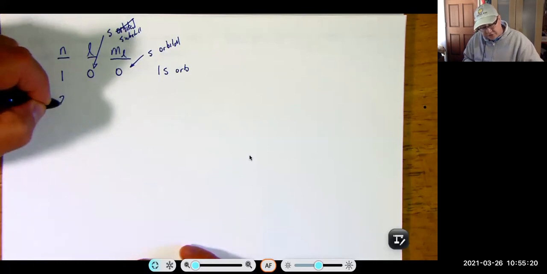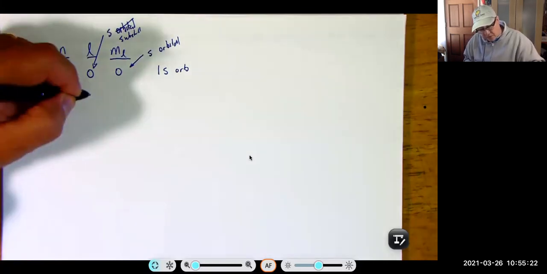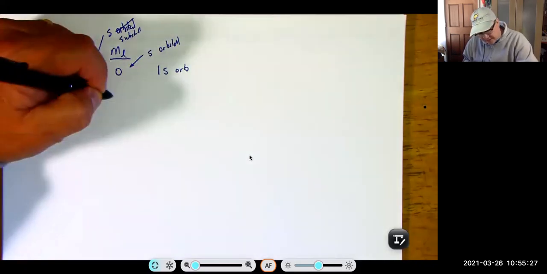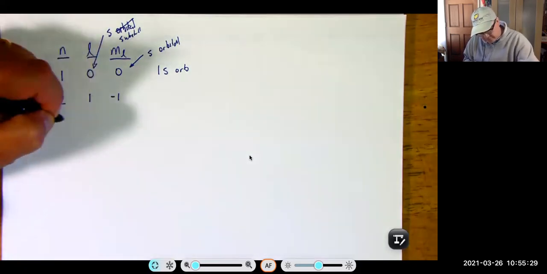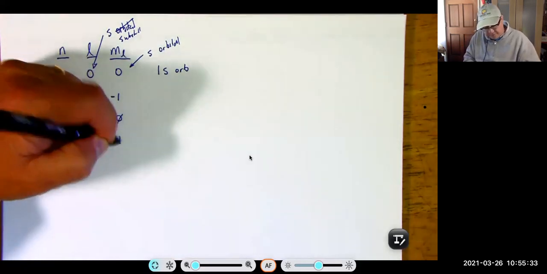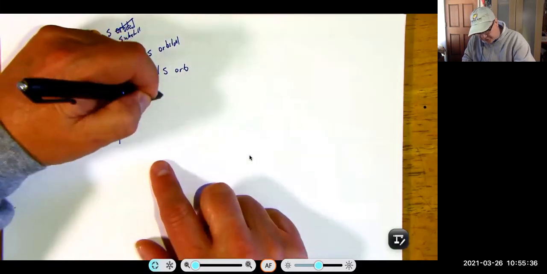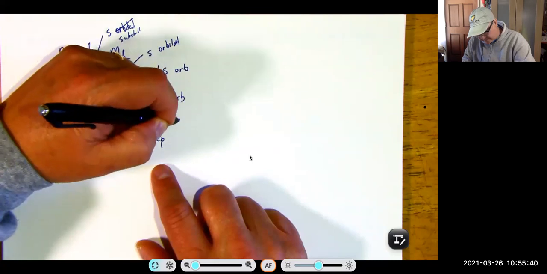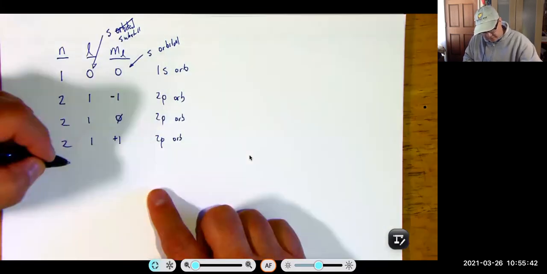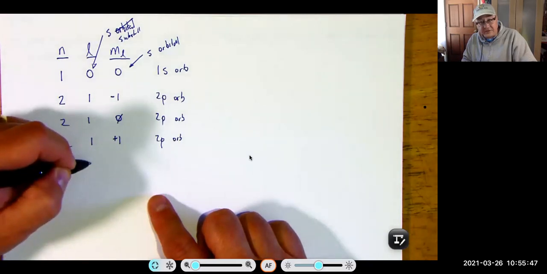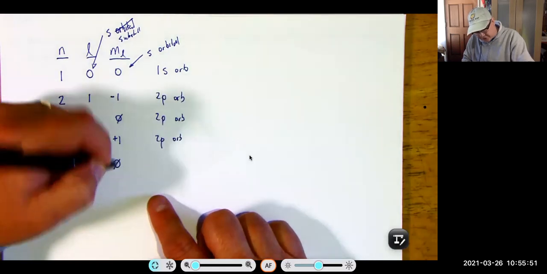n could be equal to 2, l could be equal to 1, and m sub l could be -1, 0, or +1. Now, this is a 2p, this is a 2p, and this is a 2p. Now, if you have n equals 2, can l be equal to 0? Absolutely. m sub l is 0, so this is a 2s.